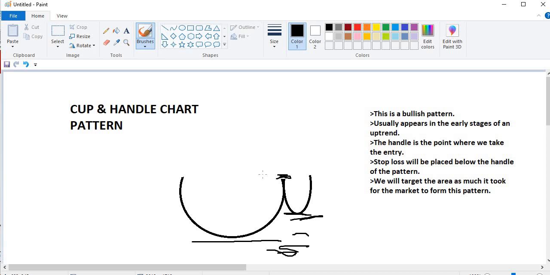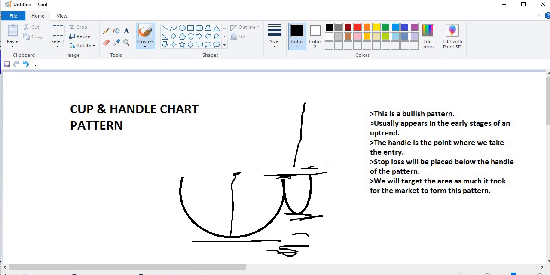The second area where we will trade this pattern is when the market breaks this high, which is the high of the pattern, and at this point we will take the entry. So how much will we target? Let's say this pattern is formed in a 100 pips area. So we will also target 100 pips profit.